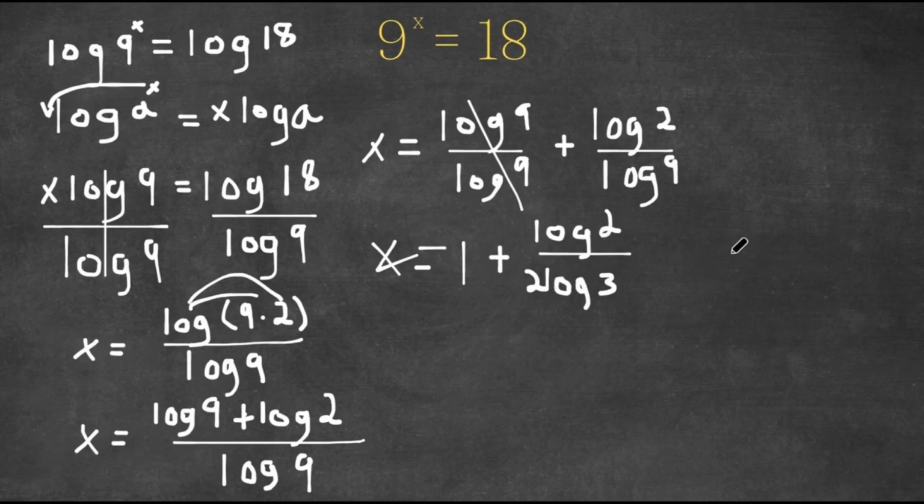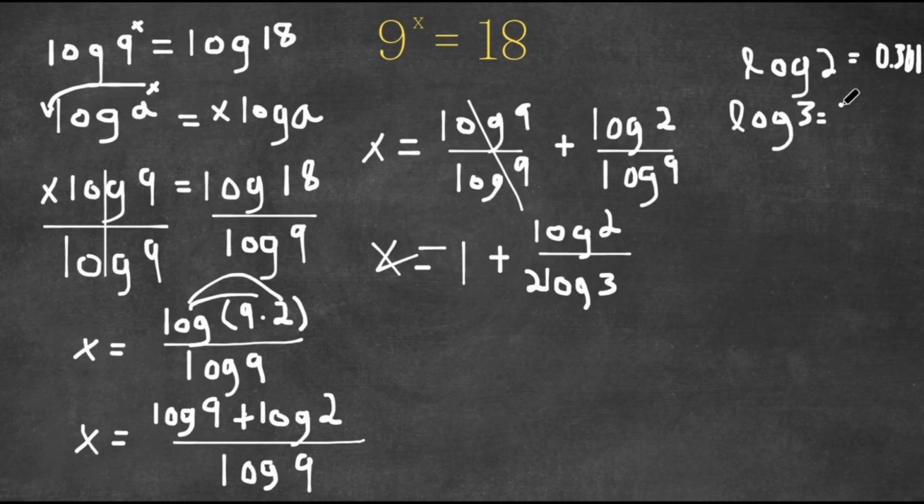So if you plug in log 2 into the calculator, log 2 is actually equal to approximately 0.301. And log 3 is equal to 0.4771.